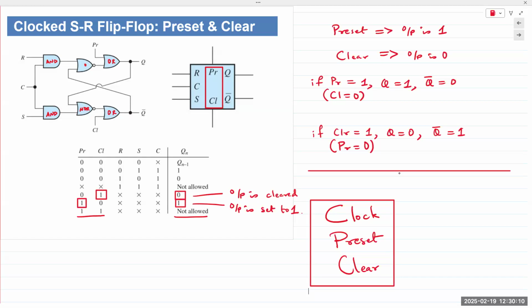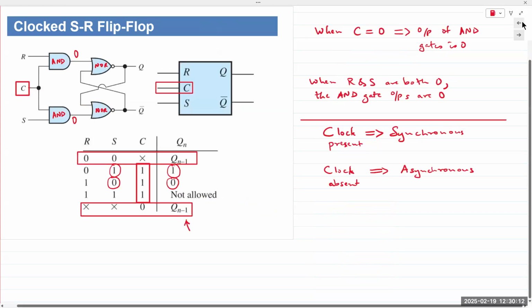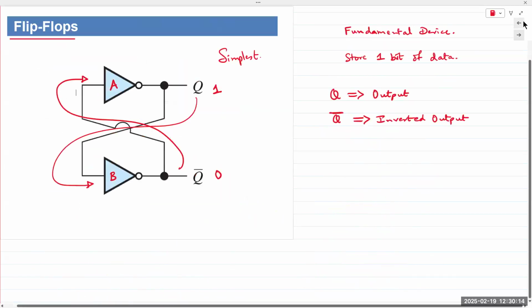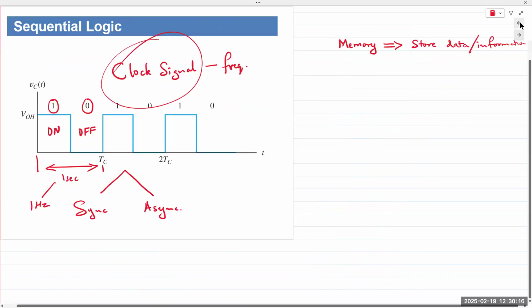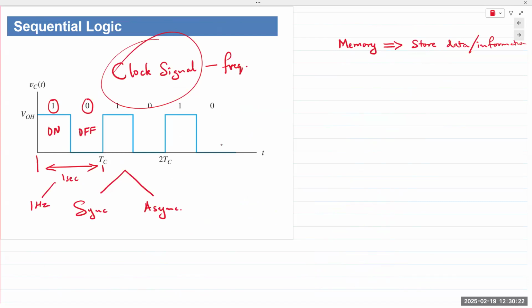So now we looked at the clock signal, right? The clock signal was shown right here. Depending on the frequency of the clock, there's a width that is associated with the on and the off pulse. We saw the on and the off cycle.